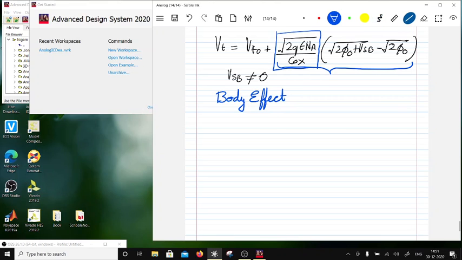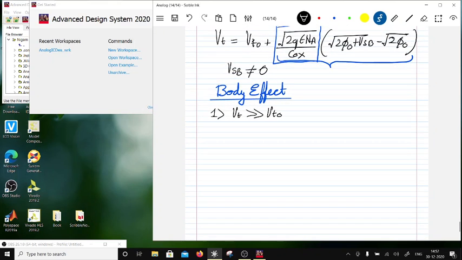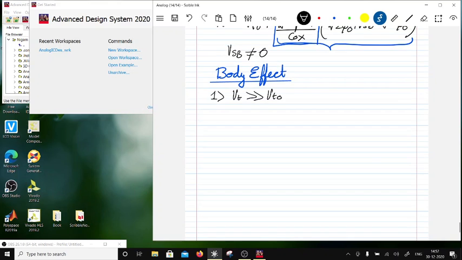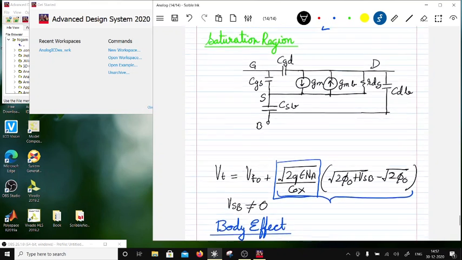So the first thing in a body effect is that Vt is greater than Vt0. Now it all depends on the doping in the channel and the oxide thickness. The second effect which is going to happen is the following.